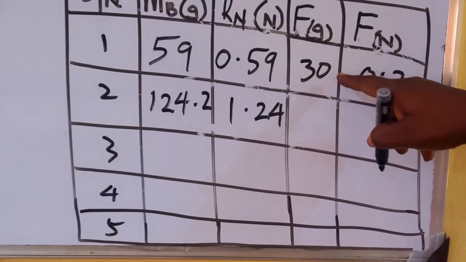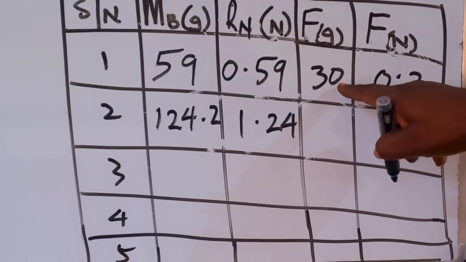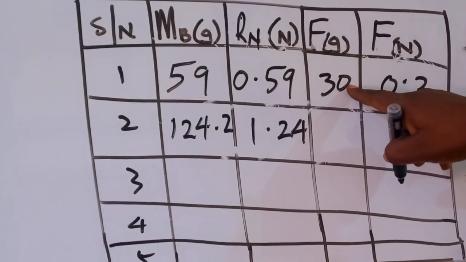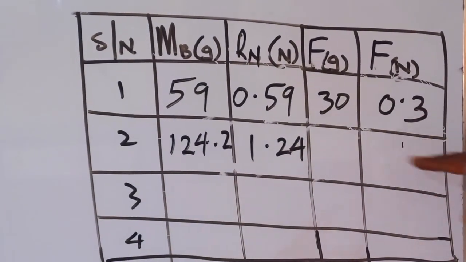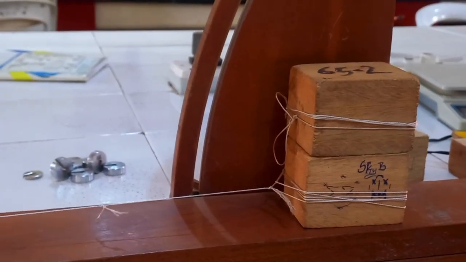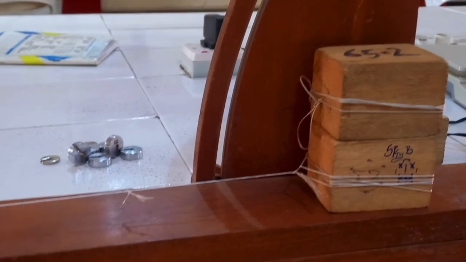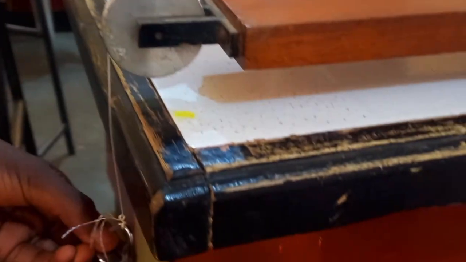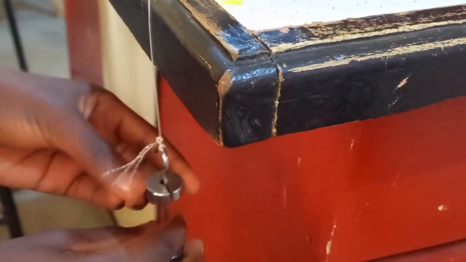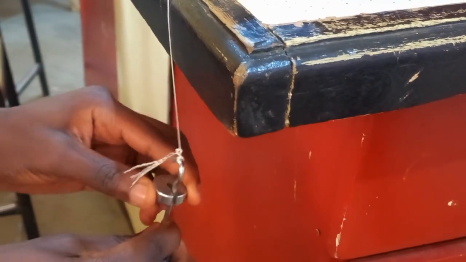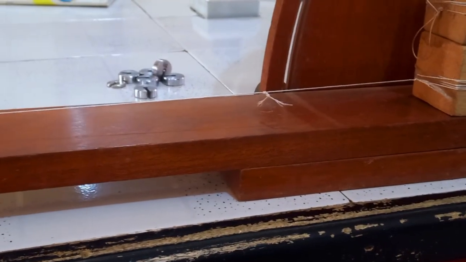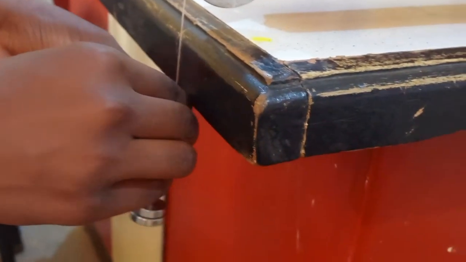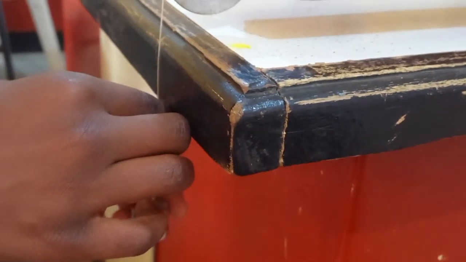Now let's proceed to load the hanger. Mark you, our initial hanger was 30. We're going to add masses on top of the hanger now to see the mass that will make it move. Okay. Now, the learner will proceed. Mark you, on the hanger is already 30 gram. Now, the student will proceed to put in 20 gram.